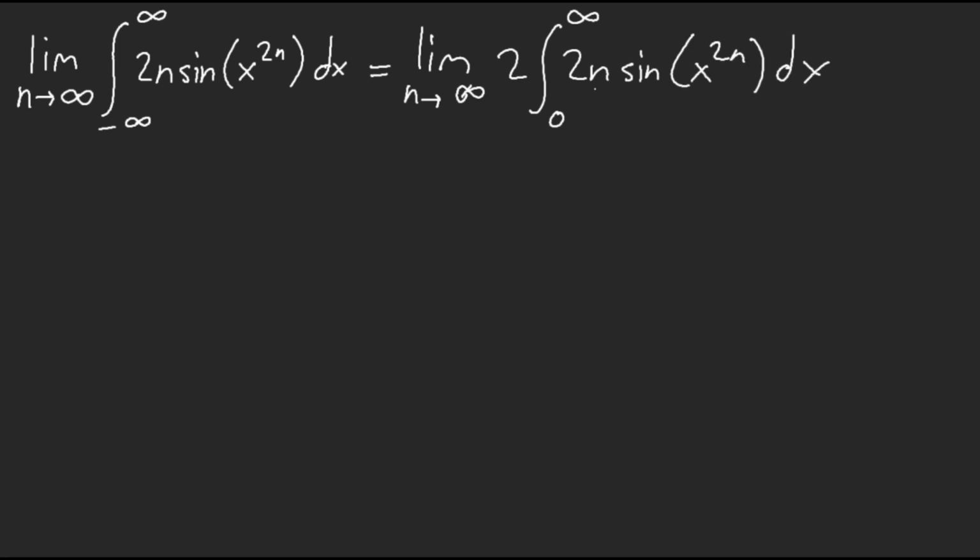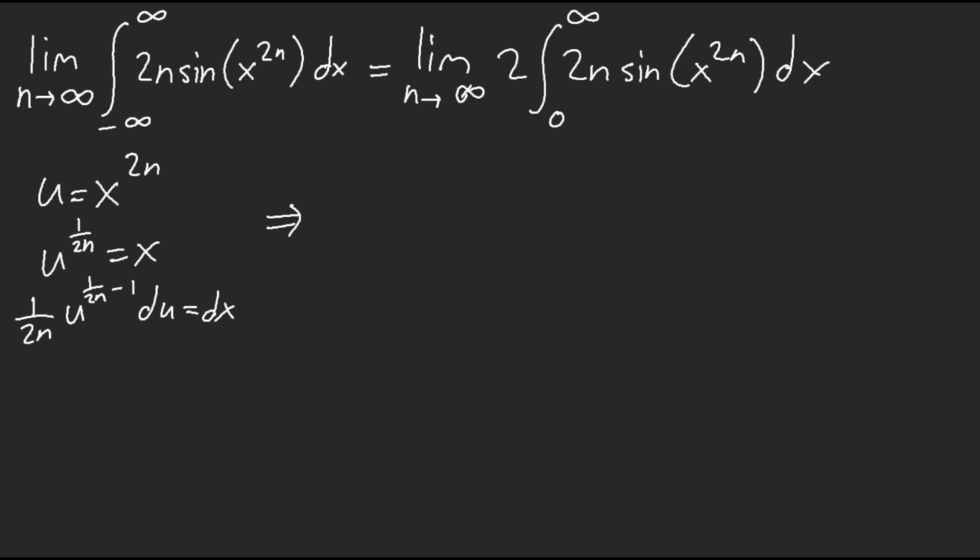Now, I see that we have an n at the front, so clearly we're going to have to do an x to the power of 2n u-substitution. And then this is going to be u to the 1 over 2n equal to x. And so this is going to look like this: u to the 1 over 2n minus 1 du equal to dx.